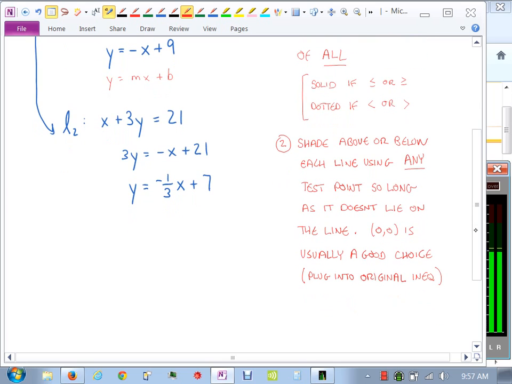No, because the test point is just to see for each inequality by itself, is it below or above? Okay? As opposed to finding the intersection, which is a point which must satisfy both at the same time. All right, y'all okay?